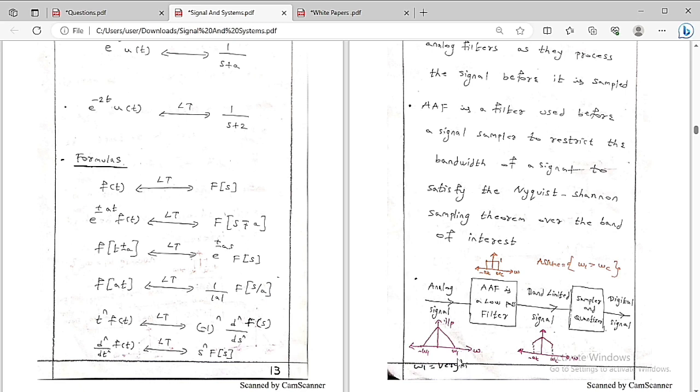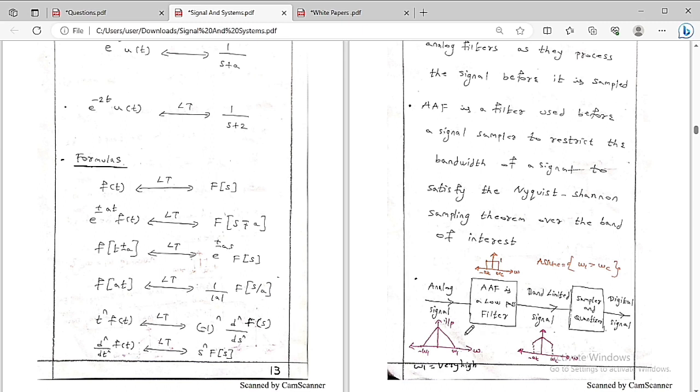But we don't want all these frequencies. We need only a certain amount of frequencies. So we are going to cut down the signal to only those frequencies that we really require. I want only those signals with a frequency up to omega c; I don't need more than this.